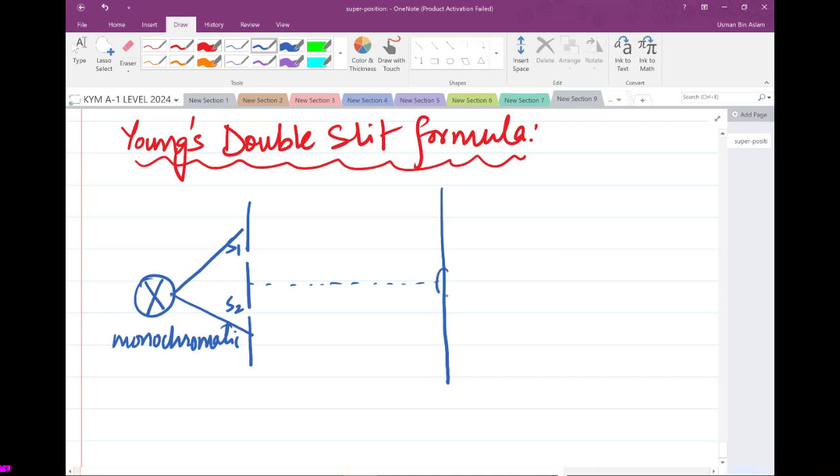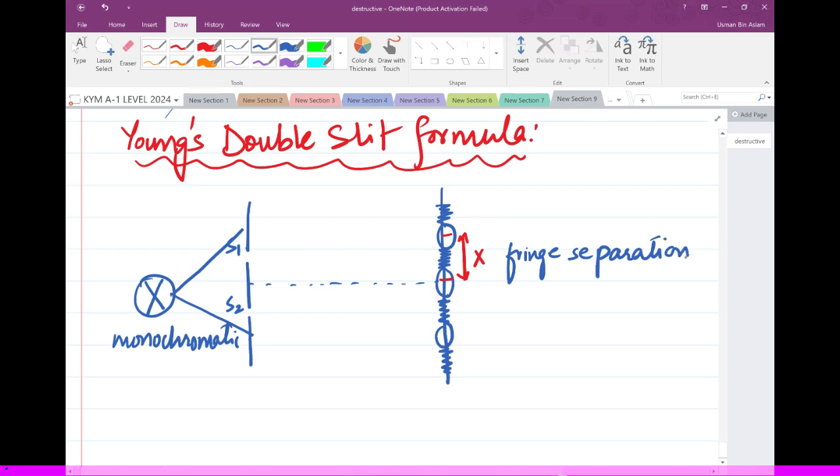The one that is in front of this central line is going to be a bright fringe. Then there will be dark fringes on either side. Then there will be a bright fringe here again. Then there will be dark fringes on either side. So the gap between the centers of the two bright fringes here is often called fringe separation, the gap between two fringes.